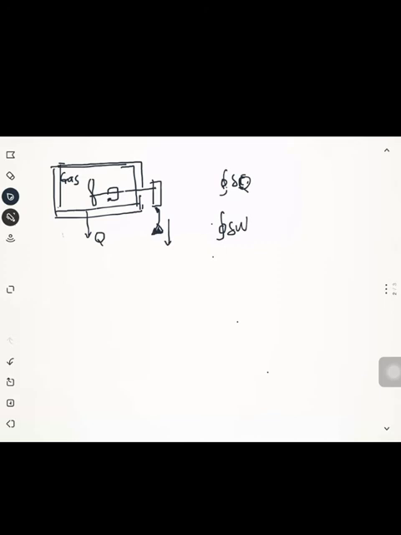The basis of every law of nature is experimental evidence, and this is true also of the first law of thermodynamics.